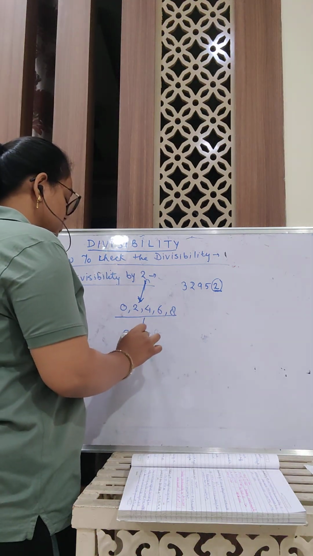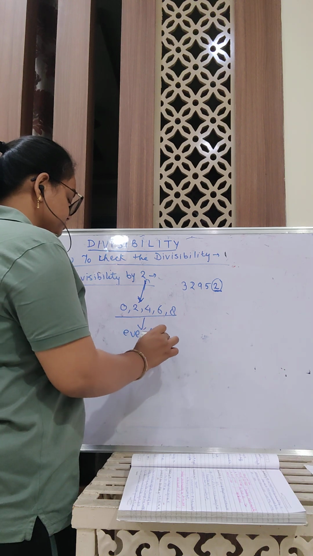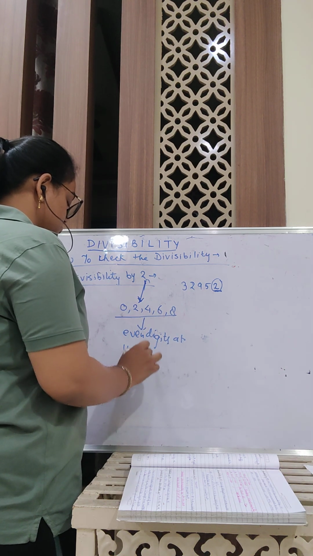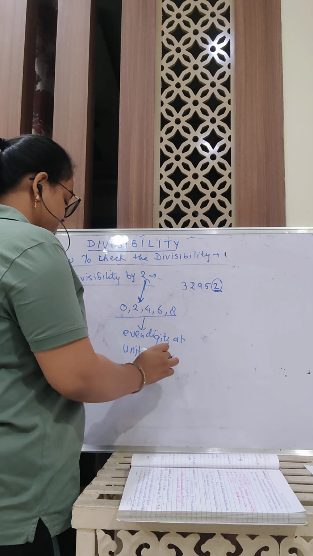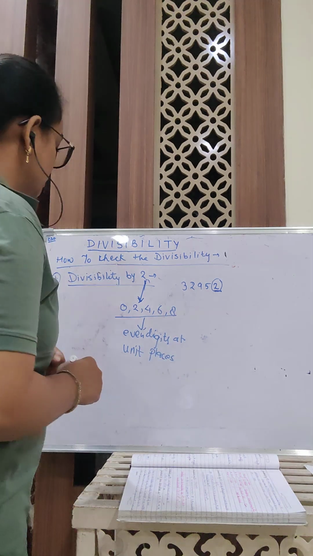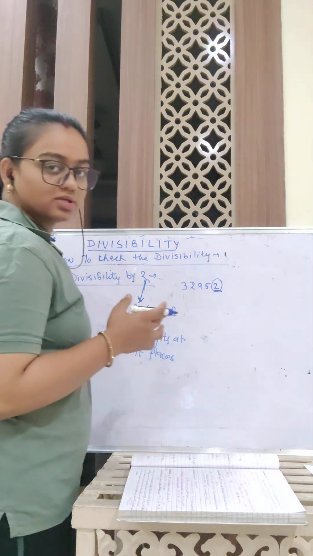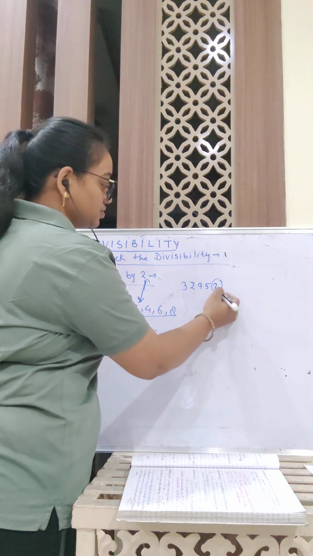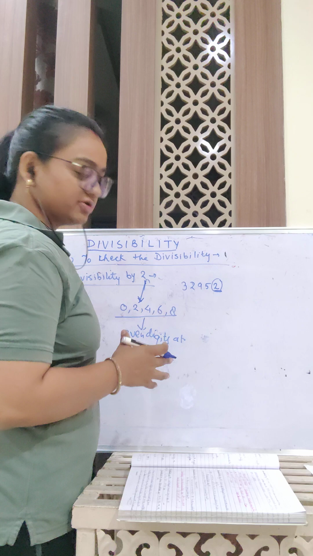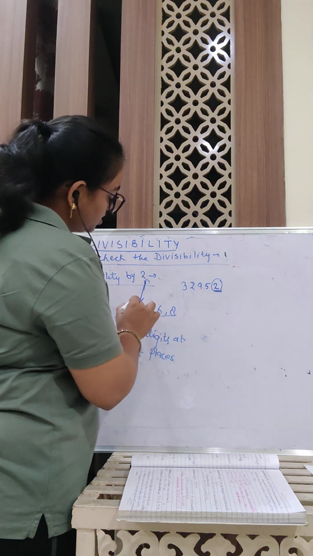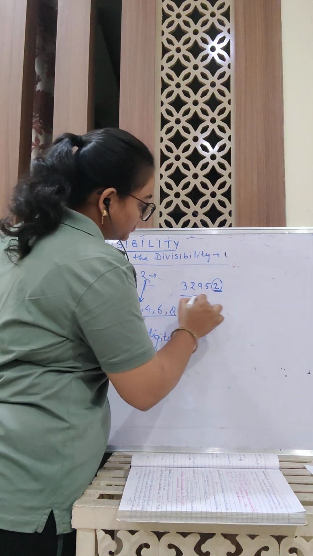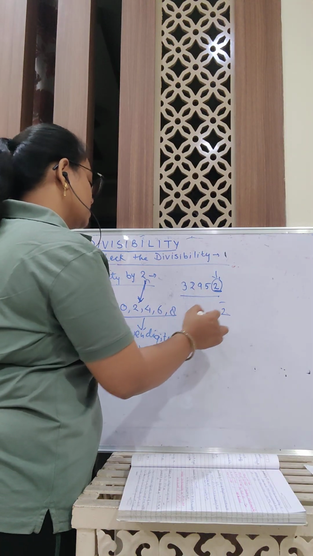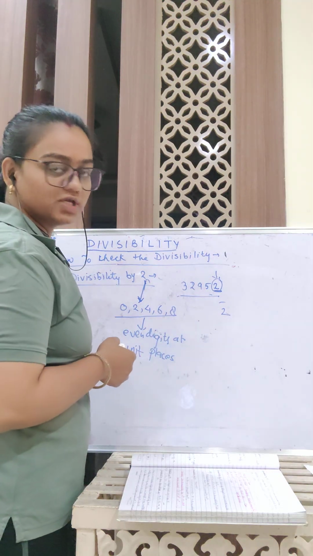If we look at our example, we have 2 at the unit place. So 2 is at the unit place, then this number will be divisible by 2. 2 is divisible by 2, so the whole number will also be divisible by 2, right?